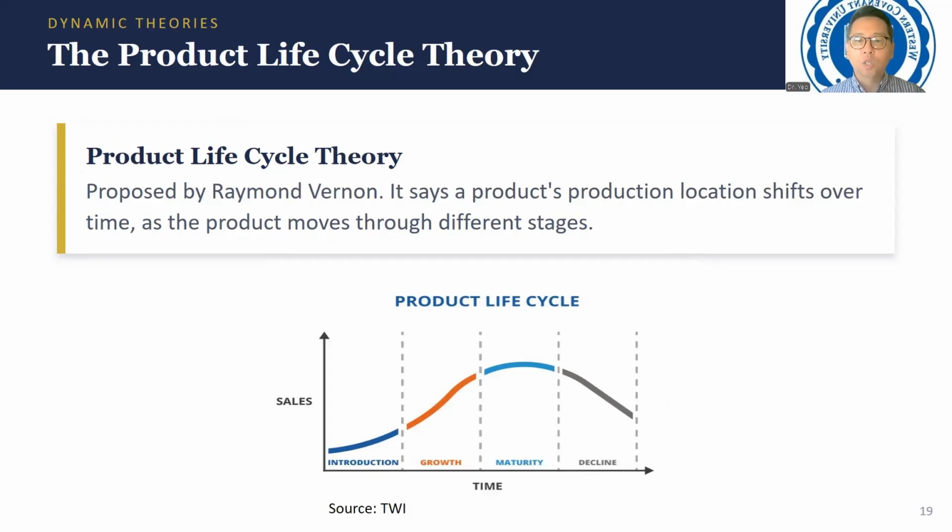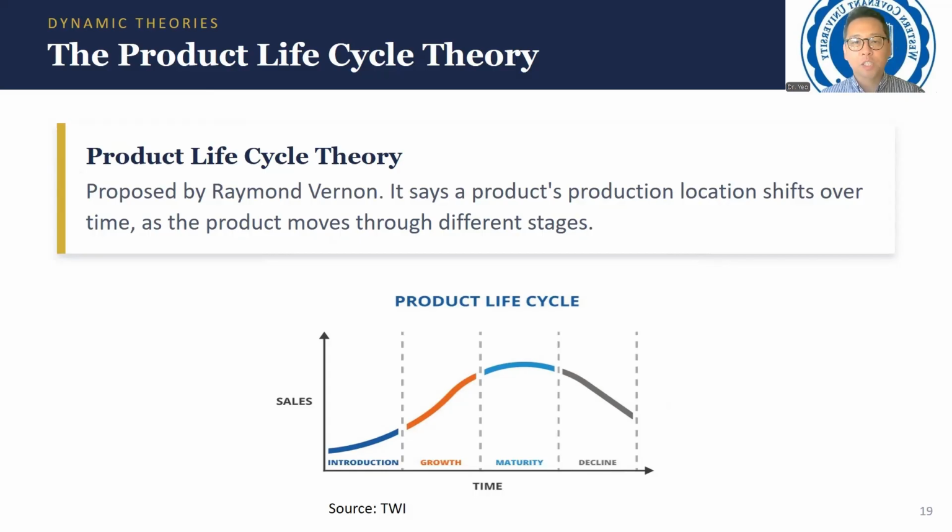Instead, those low-cost factories in developing countries are now mass producing the item so cheaply that they actually ship it back to the inventing country. This is called reverse import. The country that invented the product is now simply importing it.